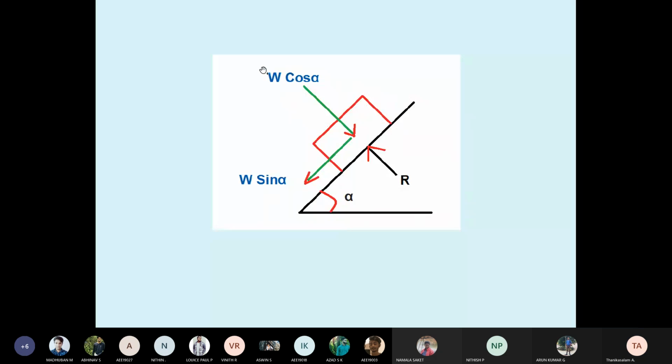Okay, so these are the steps. First step: any block on an inclined surface, W cos alpha acts along the y-axis direction, and W sin alpha acts in the minus x direction. Then the reaction, for every body, is upward.